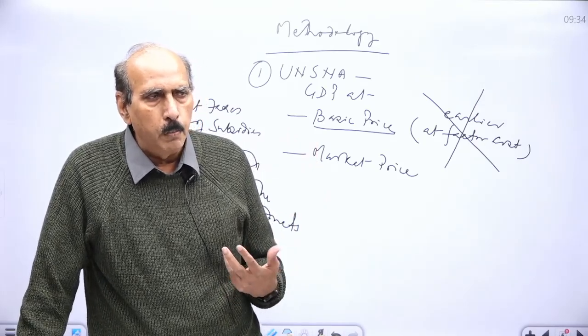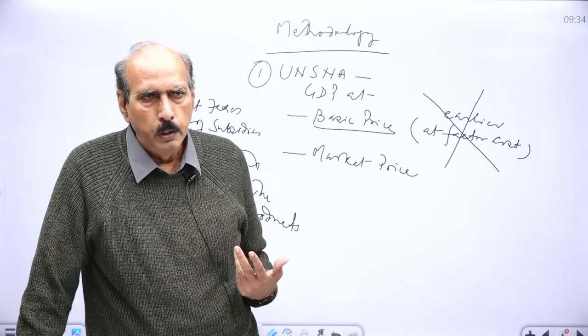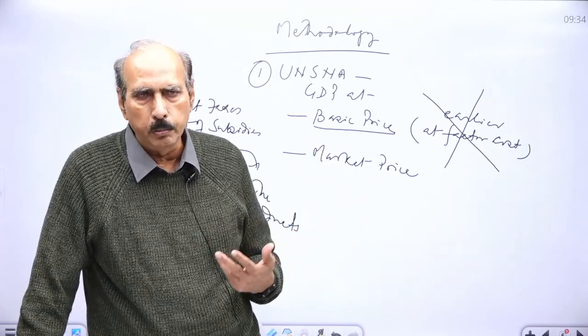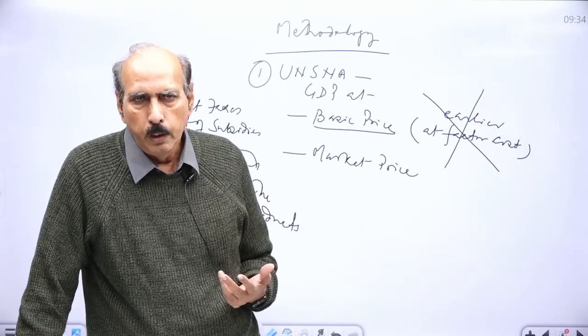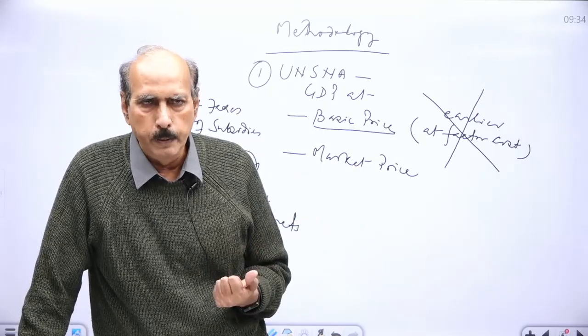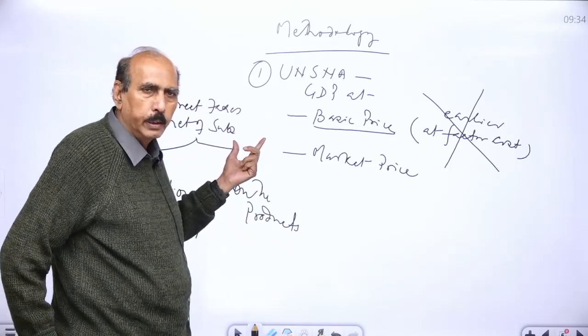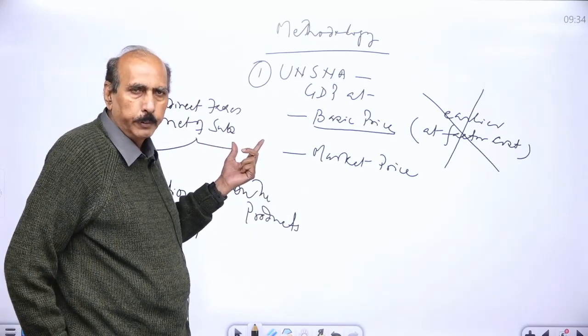But at the same time, government also gives subsidies. For example, government is giving subsidies to railways, subsidies to fertilizers, subsidies to the farmers. These subsidies are also to be counted. So indirect taxes, net of subsidies, will have to be taken in all the production units.